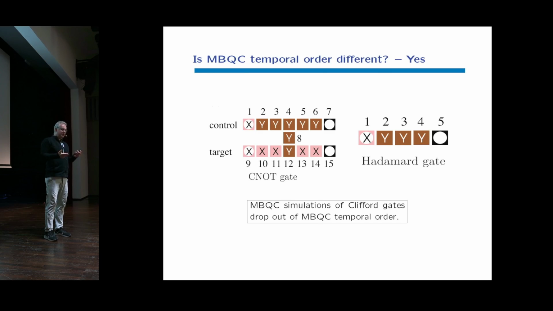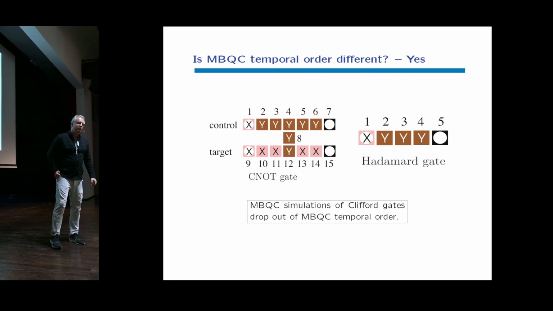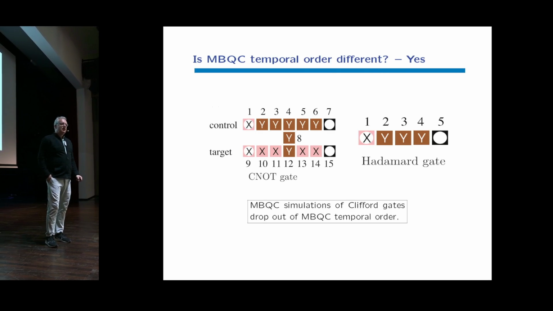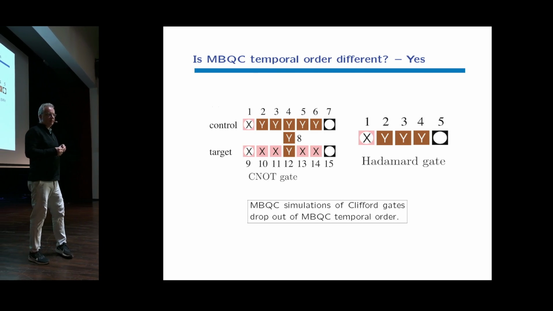If there's a non-Clifford gate, it is changed by conjugation. But if the Clifford gate is propagated through, then the gate doesn't change. Only the byproduct operator changes in this very predictable Gottesman-Knill type of way. So that is the difference between non-Clifford and Clifford in measurement-based quantum computation and how it relates to the stabilizer formalism and the Gottesman-Knill theorem.